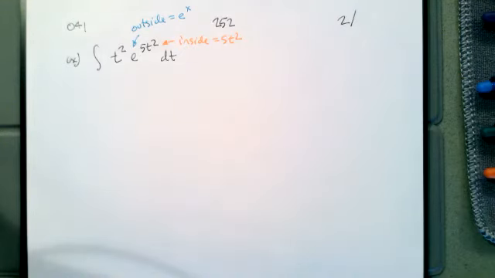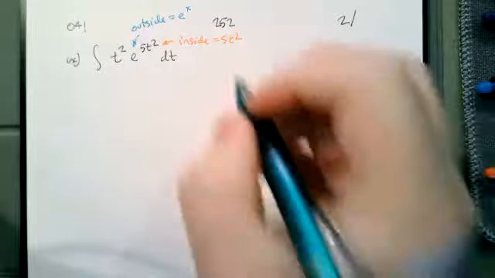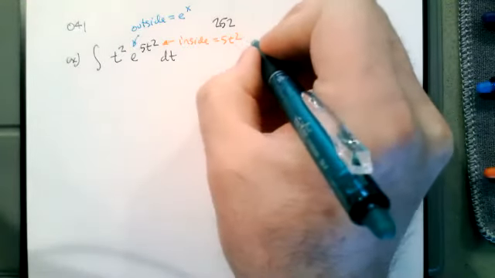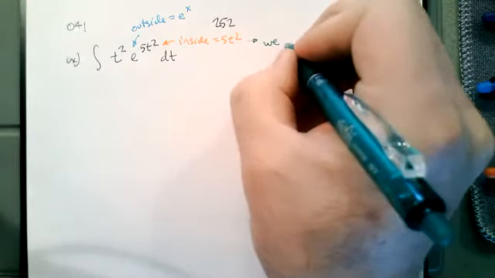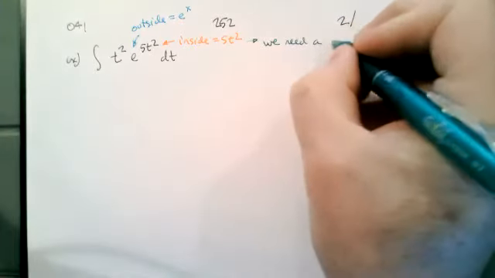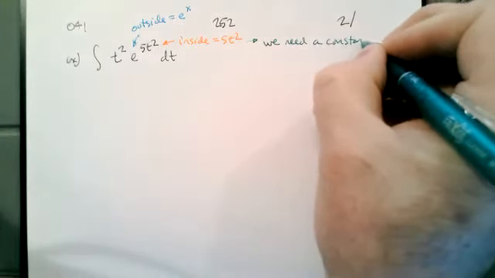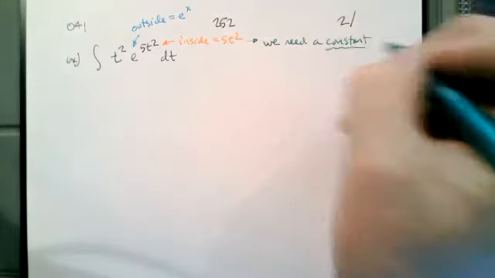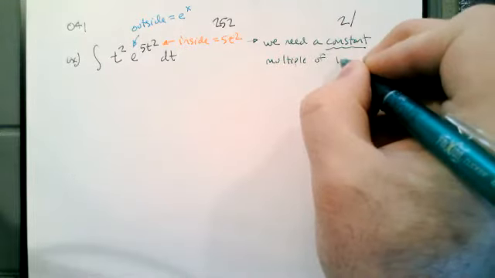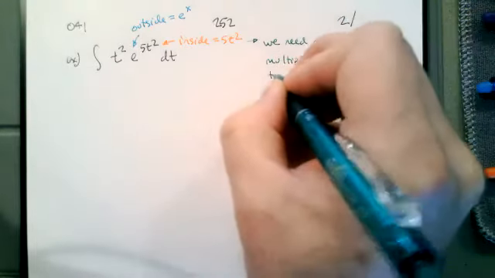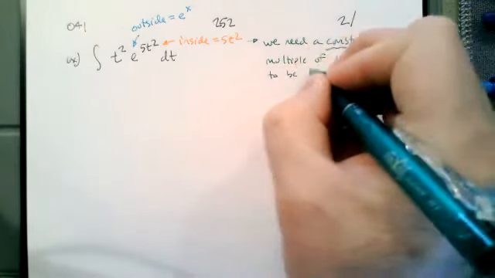To make the inside 5t squared go, that tells us that we need some multiple of 10t. So inside of 5t squared means we need a constant multiple. That's the important word there. We need a constant multiple of 10t to be the dw.